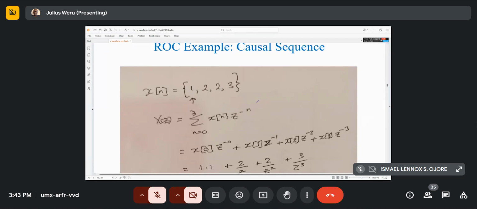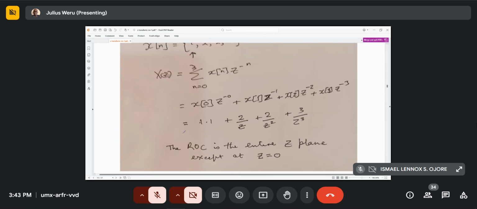And here we have an example. This is a causal sequence. This is the zeroth sample. So X(z) is the sum from negative infinity to positive infinity of x[n] z to the minus n. In this case, we know it goes from 0 to 3, a finite sequence. So if you expand this, it becomes x[0] z to the minus 0, plus x[1], x[2], x[3] terms.